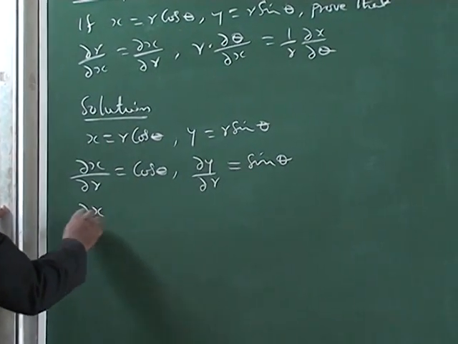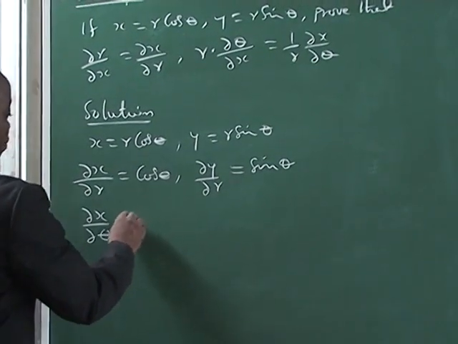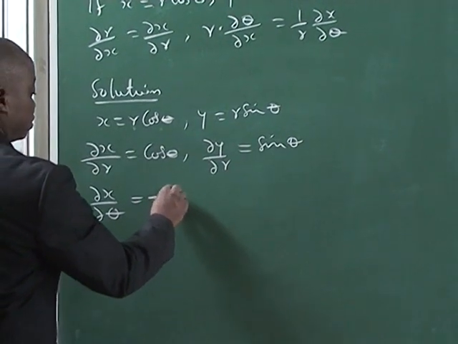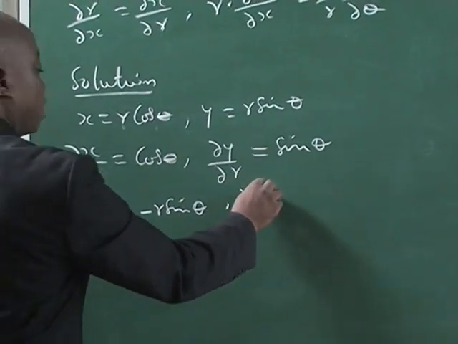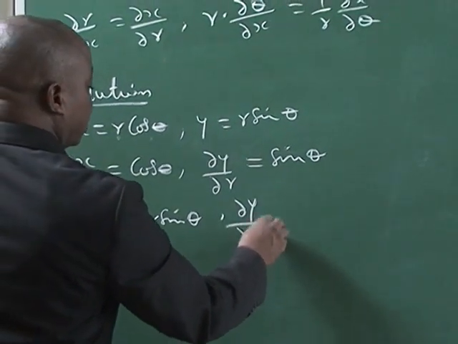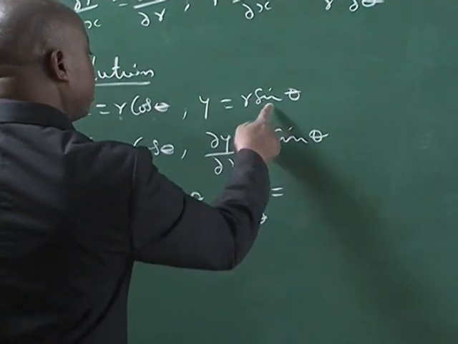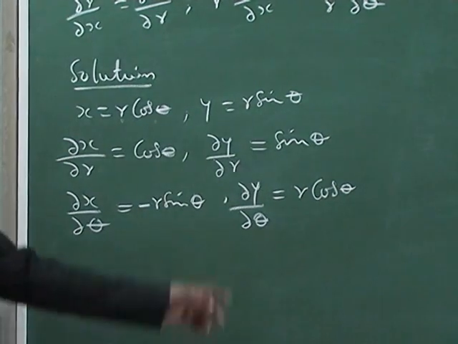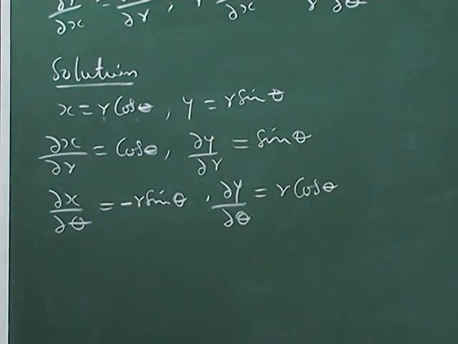Also, partial x partial theta is equal to minus r sin theta. Partial y partial theta is equal to r cos theta. We differentiate y with respect to theta. Okay, so it's r cos theta.